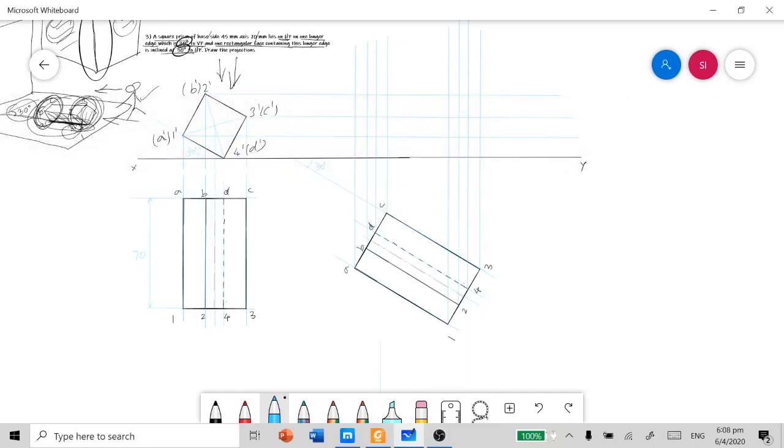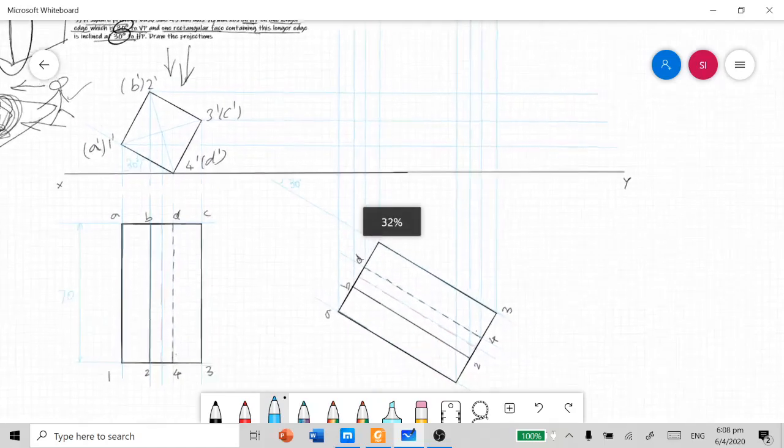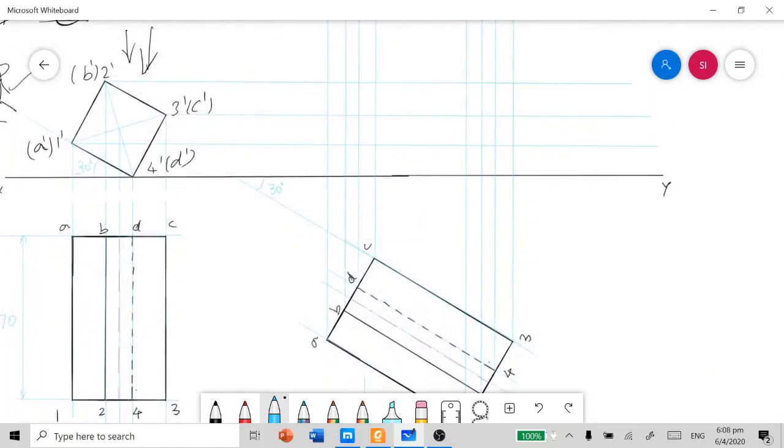Now we can identify the cut points one by one, starting from A and A dash. I can mark the point here, A dash, and B, B dash, C and C dash, finally D and D dash here.